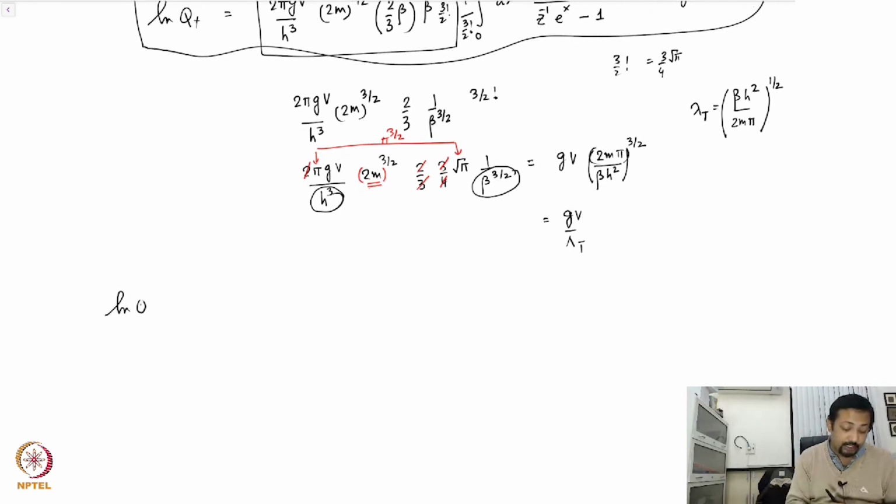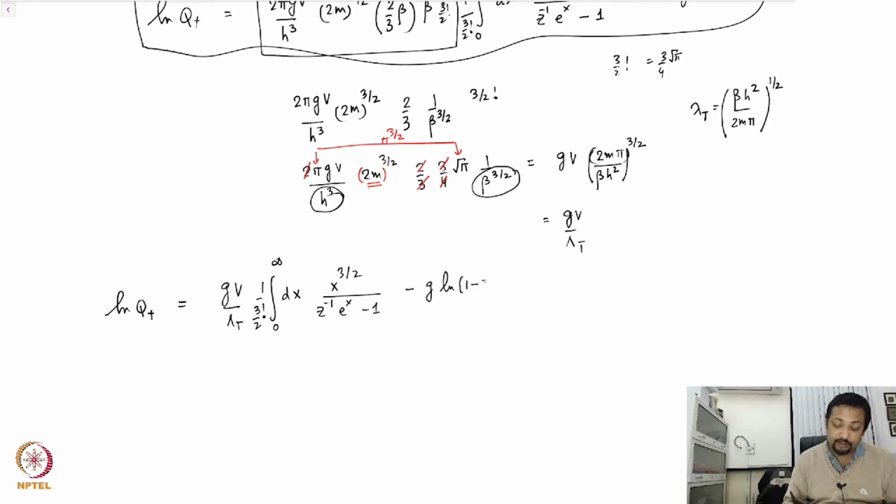So my partition function becomes ln q plus is gV over lambda t, integral dx 0 to infinity, 1 over 3/2 factorial, x to the power 3/2 over z inverse e to the power x minus 1, minus g ln of 1 minus z.